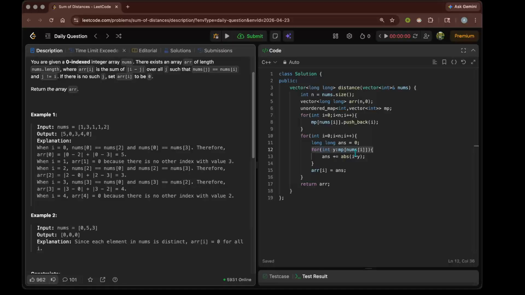When we go backward, we get 1, so it would be 4 only, whatever it is. And for 1 again, we have found it before, that is at 3. 3 minus 2 would be 1.